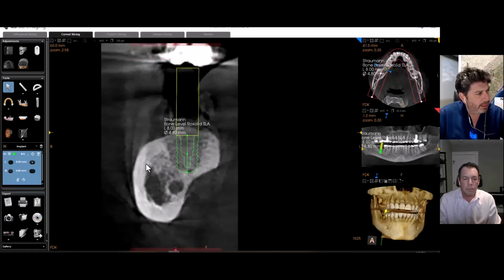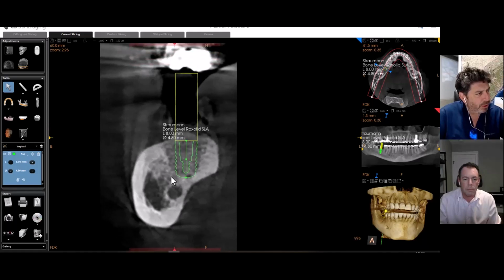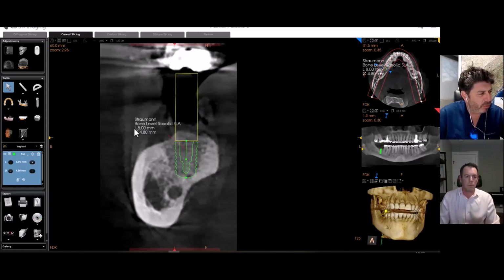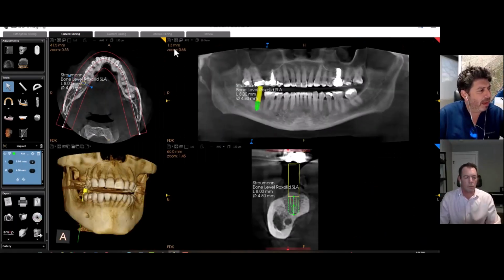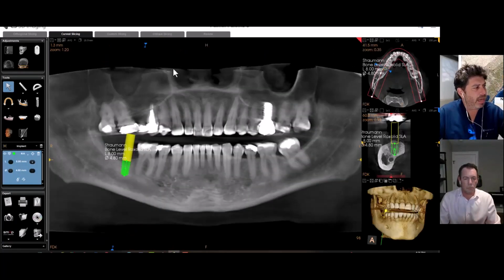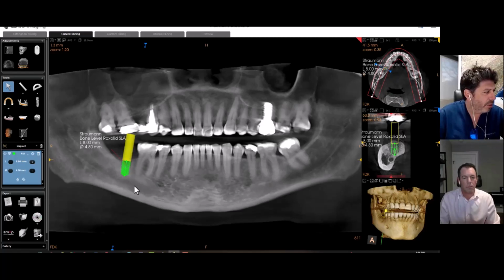And as you see, it should hit the central fossa or the palatal cusp of the opposing tooth, sitting all in bone, sitting well away from the nerve, sitting well away from the cortical bone floor of mouth. I'm comfortable with this. I then go back to my panoramic X-ray. I get a sense of, again, the angulation, what it's going to hit on the opposing arch. Is it more or less parallel to the long axis of the adjacent tooth? And I'm confident that this is good.